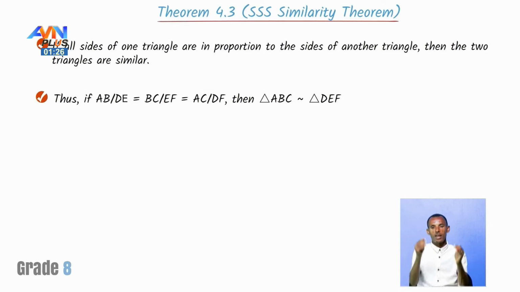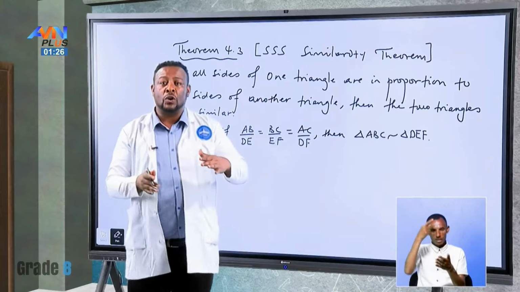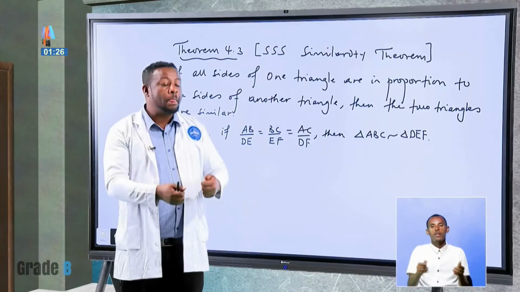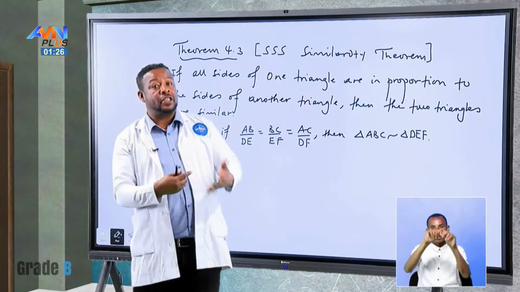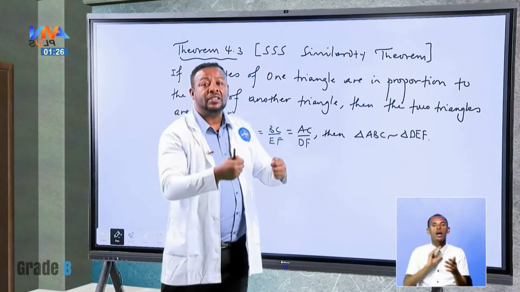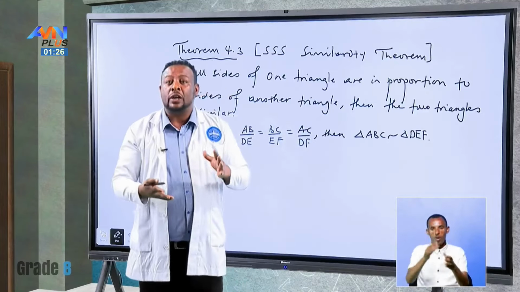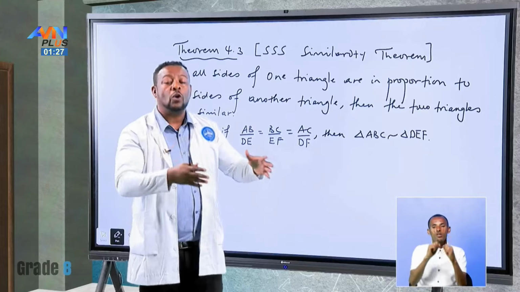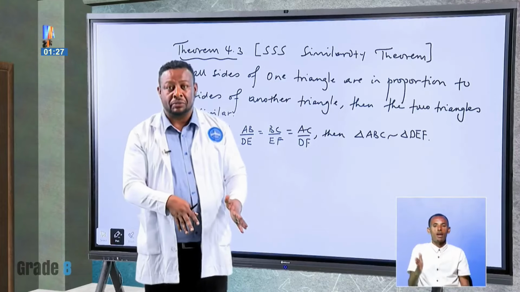If this is true, then we can conclude that triangle ABC is similar to triangle DEF, okay? So these three theorems follow different approaches to check whether two triangles are similar. The third theorem requires only the comparison of the ratio of all the sides of a triangle, right?